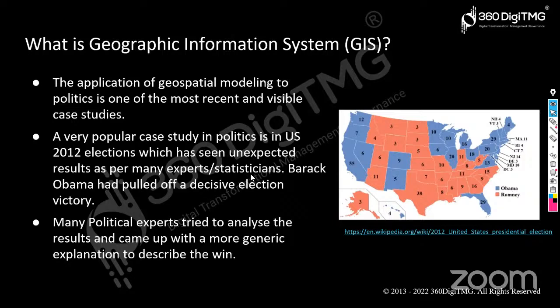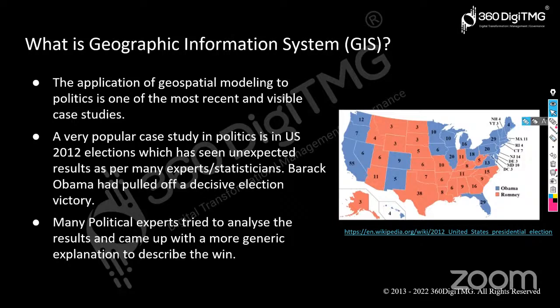Here, geospatial analytics was used by looking into the historical data and the patterns in that information to come up with the solution, saying that this was very important information with respect to how the campaigns were done in these locations. A few of these states actually decided the fate of the results. So there was a very clear explanation of how geospatial analytics was used in politics as well.